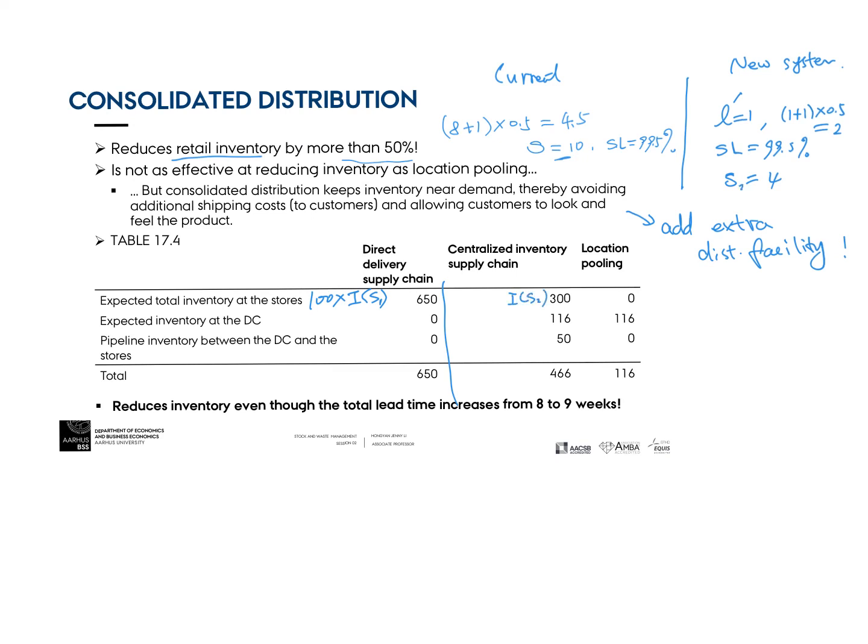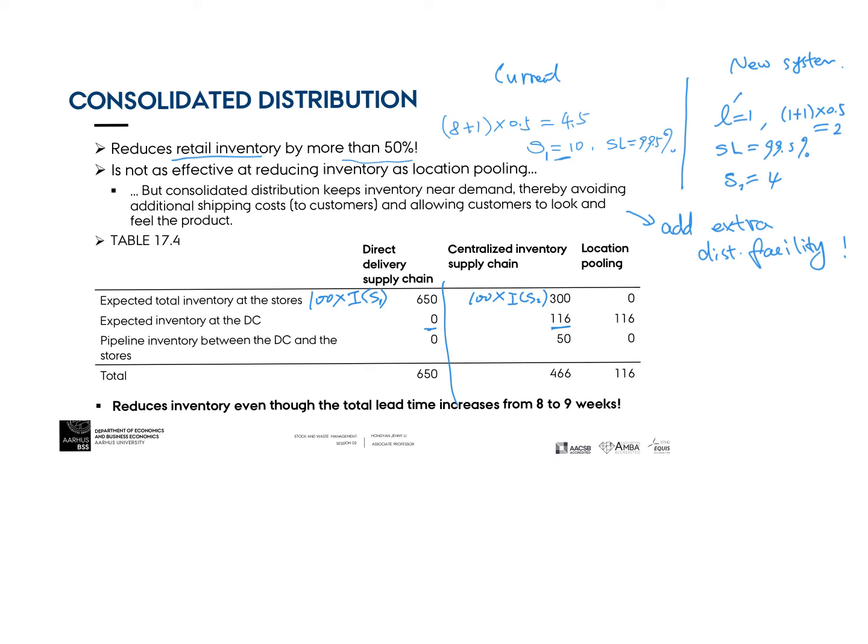So if we name this as S2, this is S1, and again you have actually 100 stores. Now you can continue to see the expected inventory at the distribution center. Of course, there is no distribution center in the current system, and in the centralized distribution center, then you use a normal distribution.